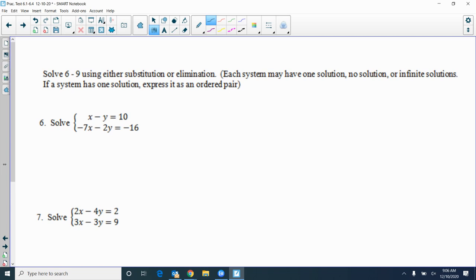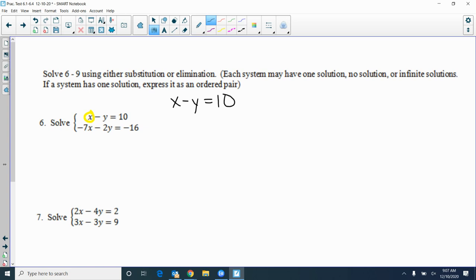Probably substitution. Okay. So if I was going to substitute this one, I would look here. The x and the y here both have a coefficient of 1. So I would probably solve for this x right here. So if I have x minus y equals 10, Austin, how do I solve for the x?